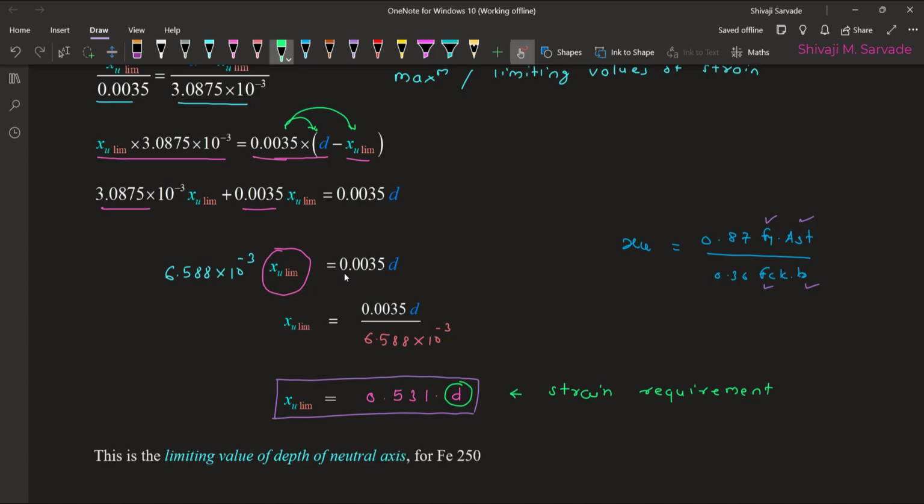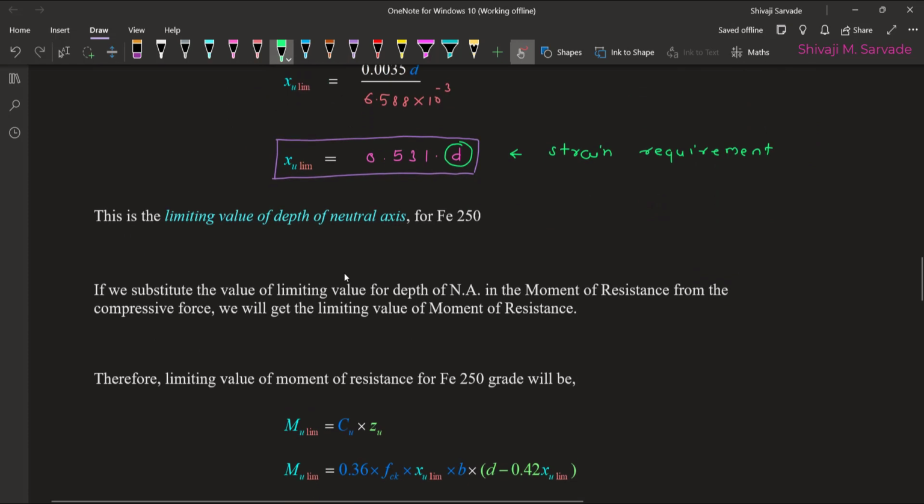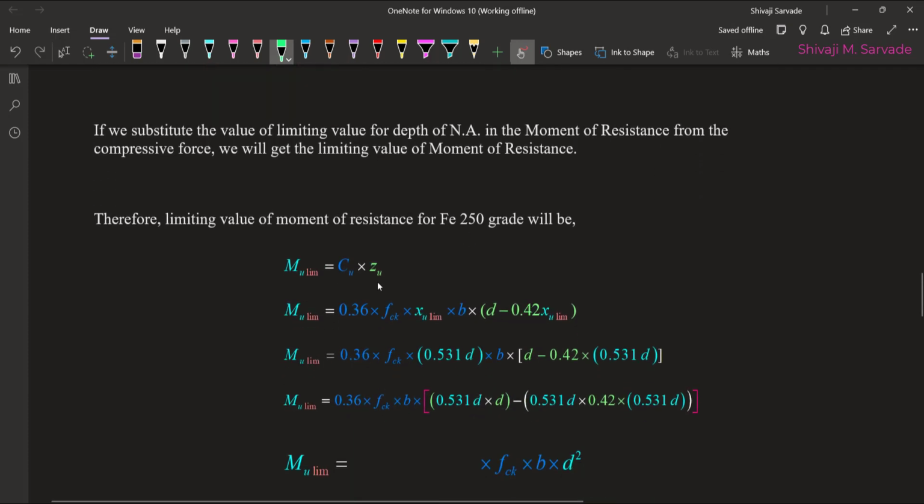Subsequently, can we get the moment of resistance also? Can we get the moment of resistance which would be the limiting value? Of course we can. If you recall, we have the moment of resistance from compression force, which we wrote in the previous session as MR from compression.